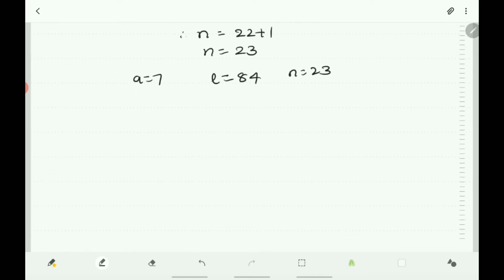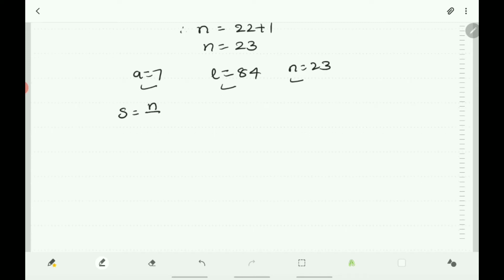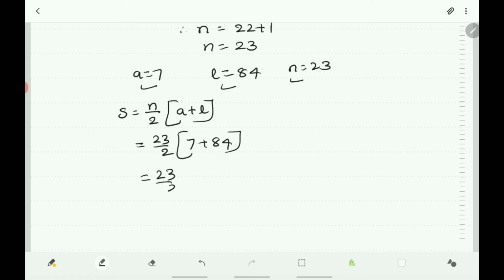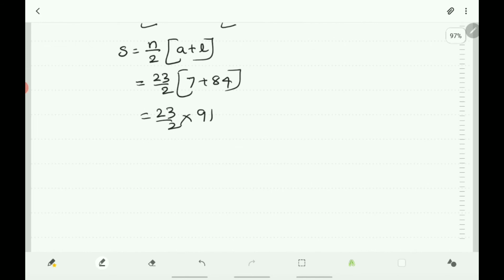So use the formula for S. As A, L and N are known, you write the formula S is equal to N by 2 into A plus L. That is N is here 23, so 23 by 2, A is 7 plus 84, that is 91. Then the product is here 23 into 91.